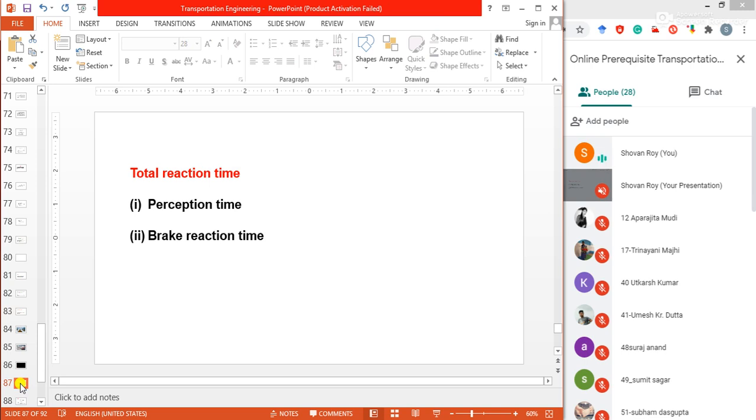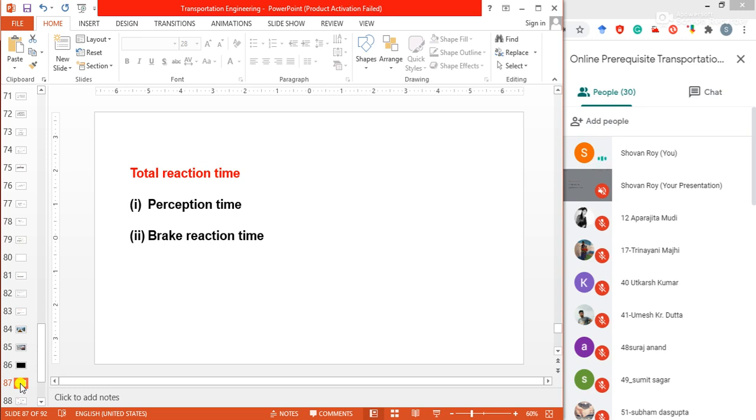The reaction time of the driver is the time taken from the instant the object is visible to the driver to the instant the brakes are effectively applied. The amount of time gap depends on several factors. Again, listen: reaction time of the driver is the time taken from the instant the object is visible to the driver to the instant the brakes are effectively applied.